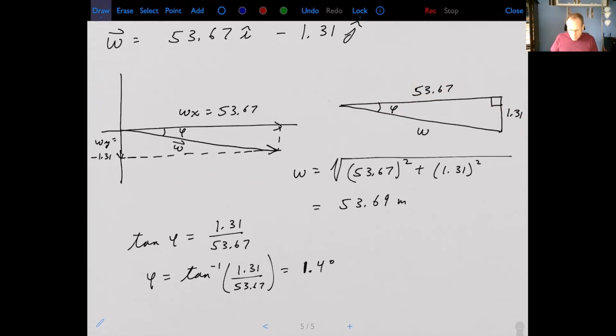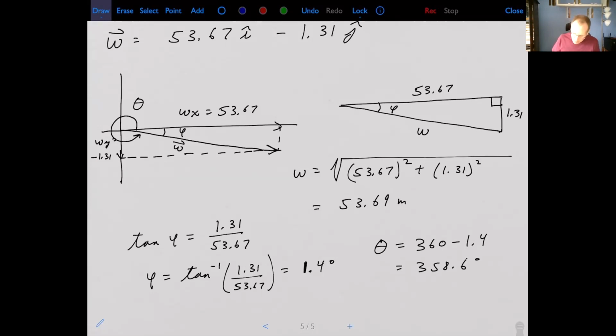So I could either say that my angle is 1.4 degrees south of east, right? Or you could say below the positive x-axis. That's one way of describing it. If you actually want this angle that starts at the positive x and goes counterclockwise, and we call it theta, we could find that, right? So theta in this case would be 360 minus 1.4. And that would be 358.7 degrees.